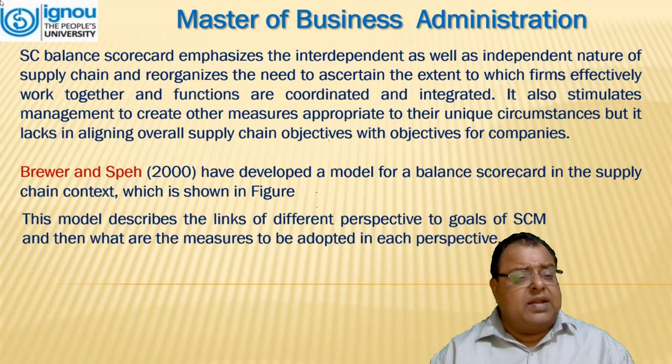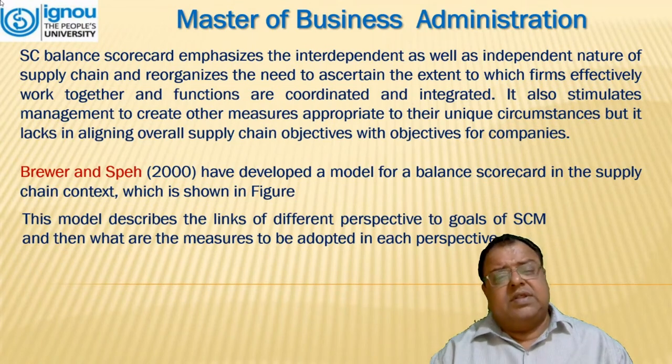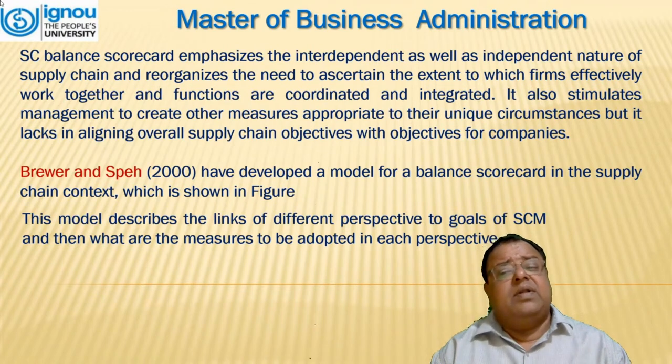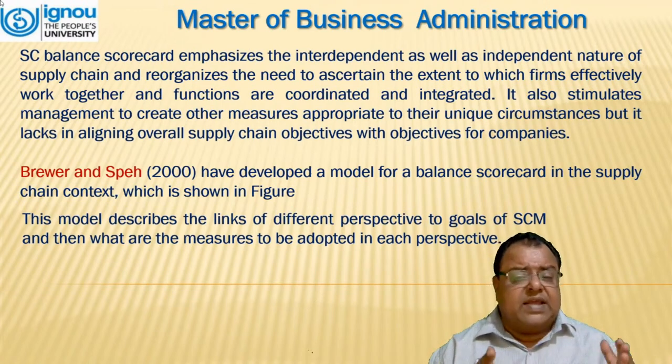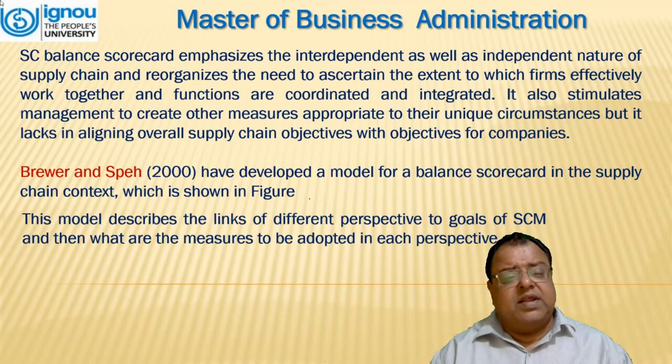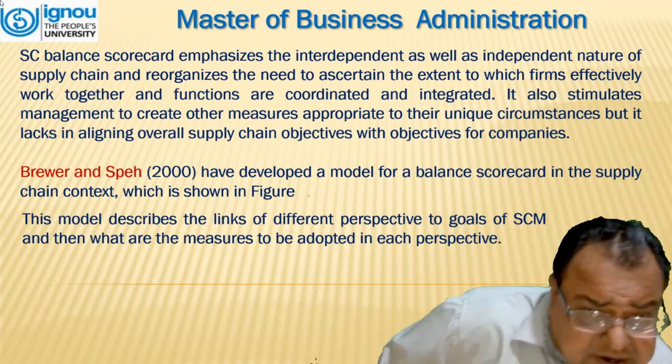The supply chain balanced scorecard emphasizes the interdependent as well as independent nature of the supply chain and recognizes the need to ascertain the extent to which firms effectively work together and functions are coordinated and integrated.